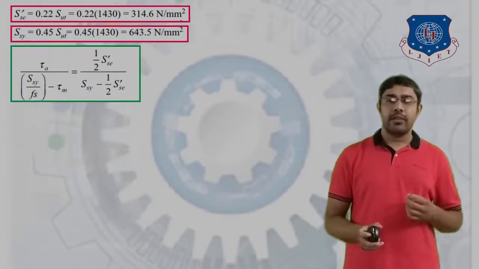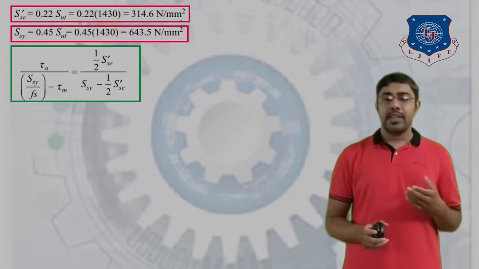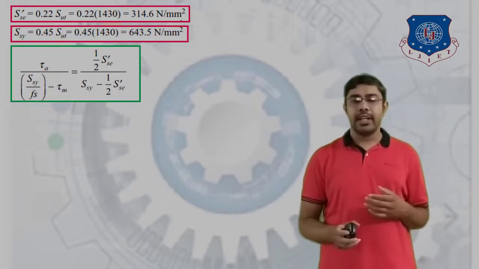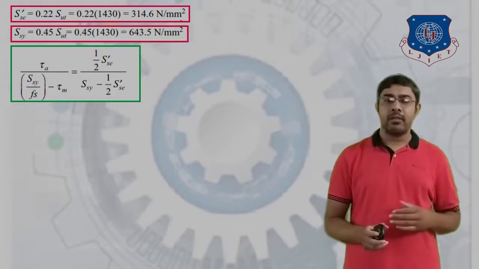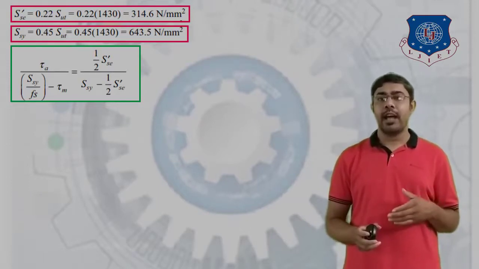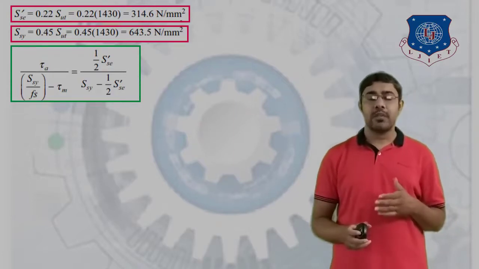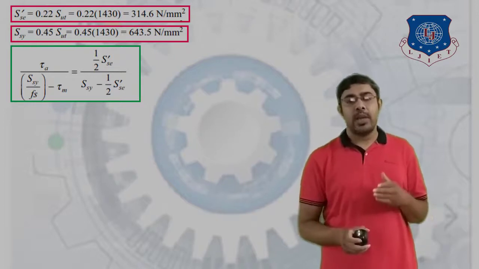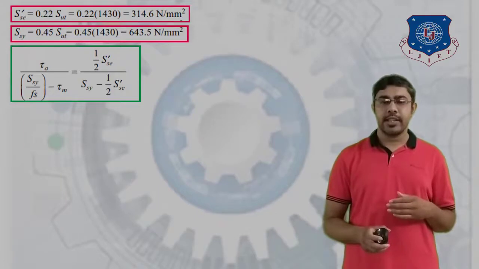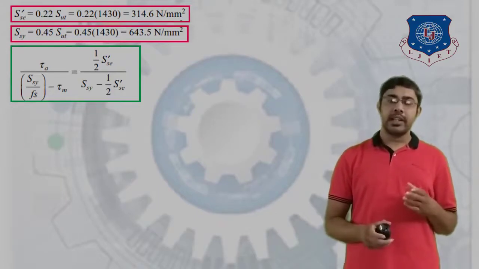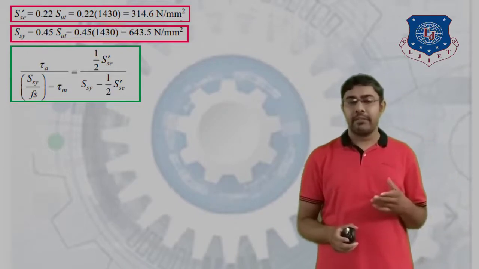Now here the case is fluctuating stress, and we know for fluctuating stress the equation: tau A divided by SSY upon factor of safety, minus tau m, is equal to 1 half S dash AC divided by SSY minus 1 half S dash AC. The S dash AC value we have is 314.6, the SSY value we have is 643.5, tau A we calculated and tau m we calculated.